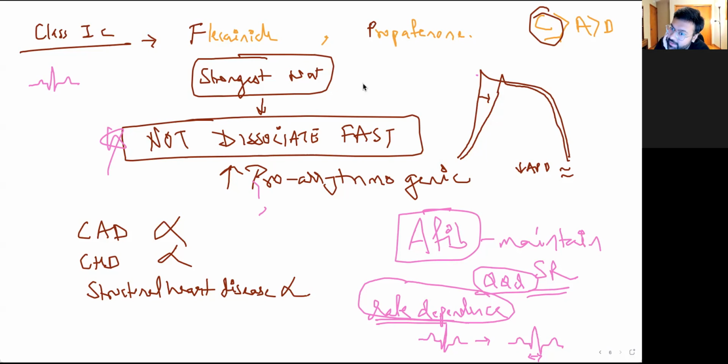Yes. So that's why class 1C has the slope that is more to the right, right? Yes, you are right. Because it's the strongest, it will further decrease the slope. It will shift more towards the right. Thank you, sir. Very good. Any more questions?